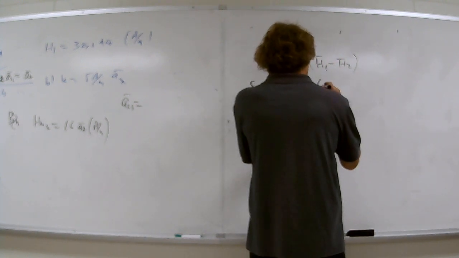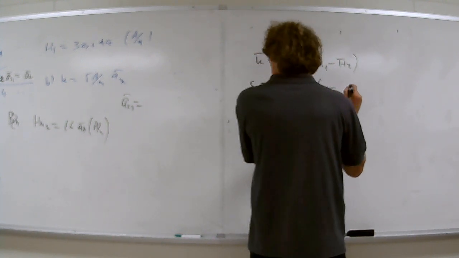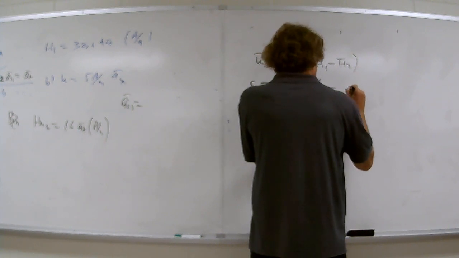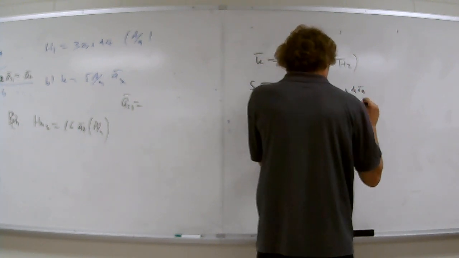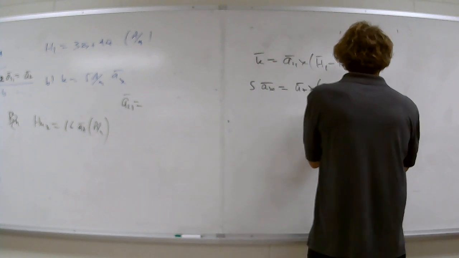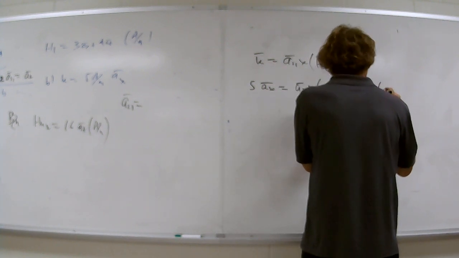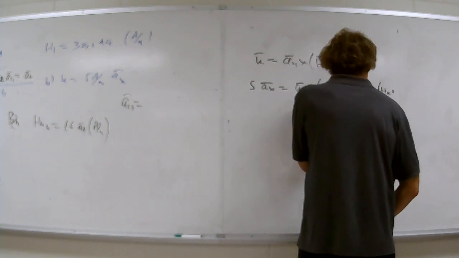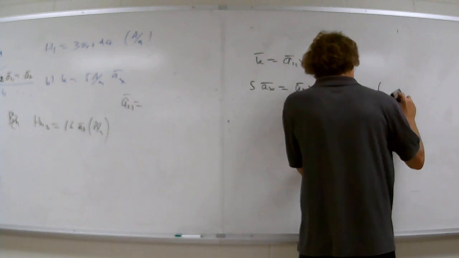So it's 3AX plus 4AZ, and it's going to be that minus the unknown H field in the X direction in region 2. I'll get out of your way in 1 second.